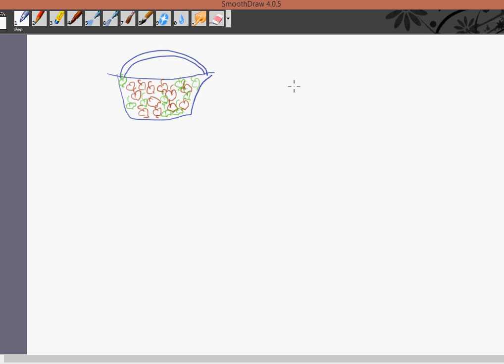So if I talk about the abundance, let's suppose green apple is 25%, and the abundance of red apple is 75%.